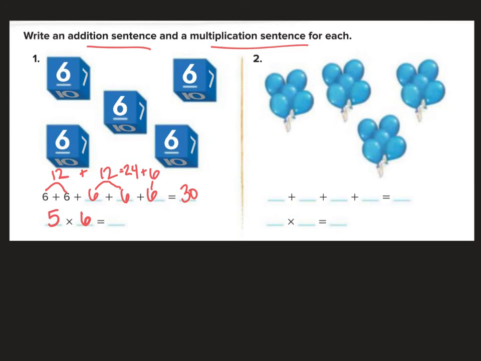So that means 5 times 6 is 30. This time I have 4 groups, and 5 are in each group. We like counting by 5s. So I have to add 4 5s together: 5, 10, 15, 20. There we go. 20 balloons are in this picture.